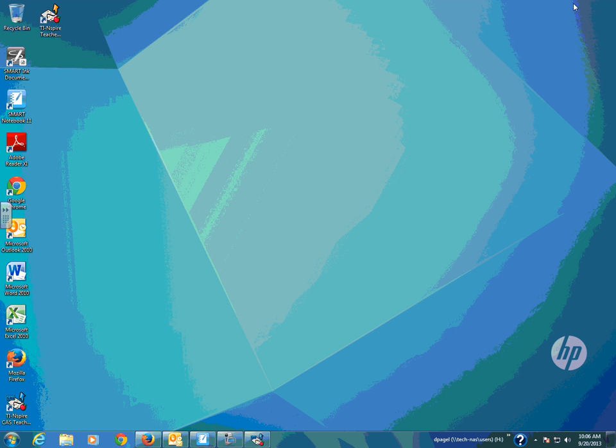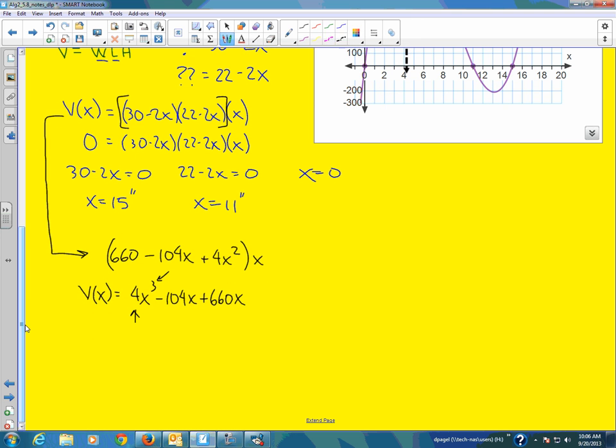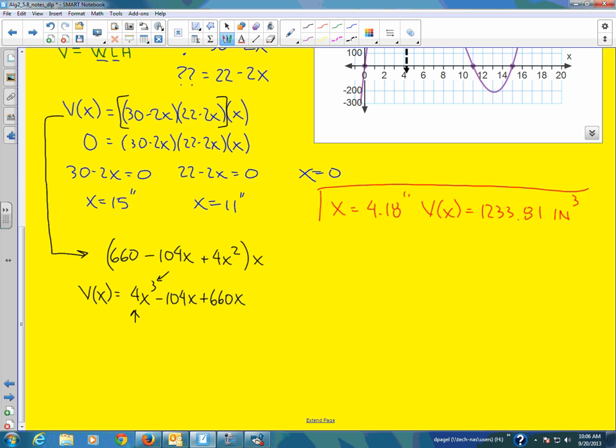And that's what we would have for our value here. 4.18, 1233.81 cubic inches. And this would be inches. So these would be my units that would determine my maximum volume.